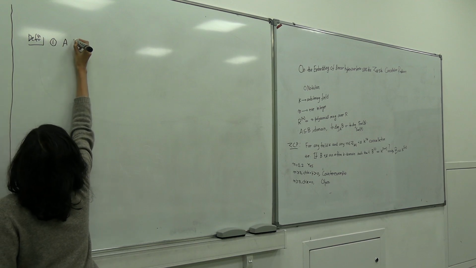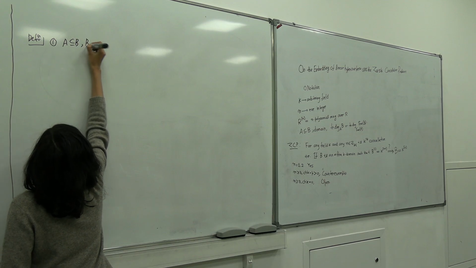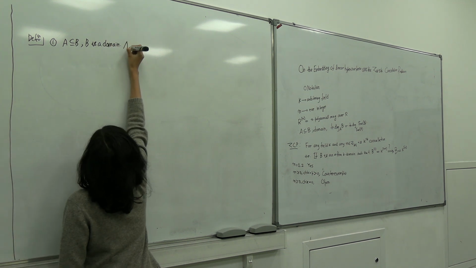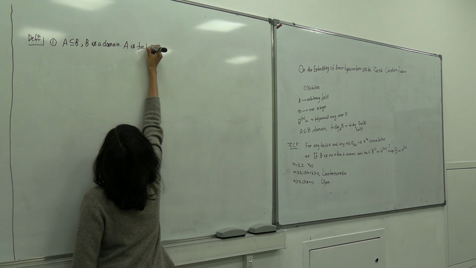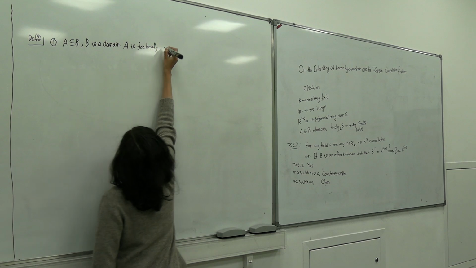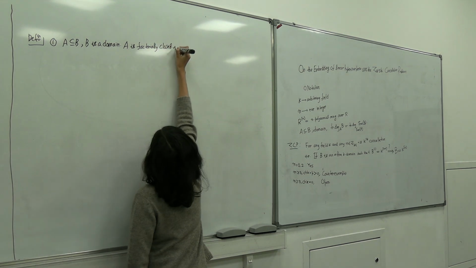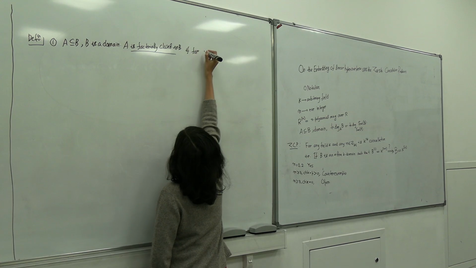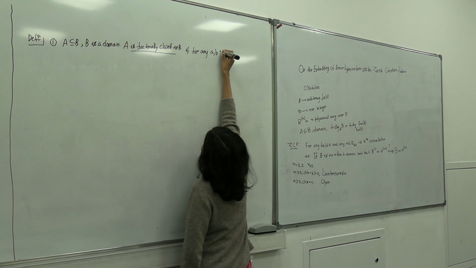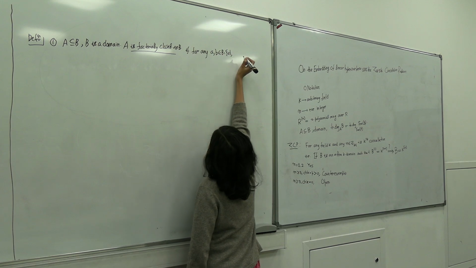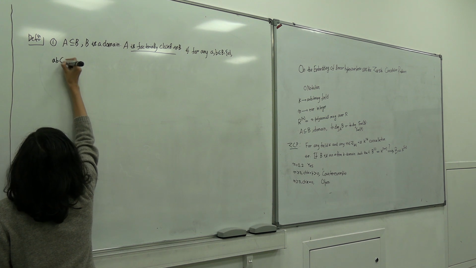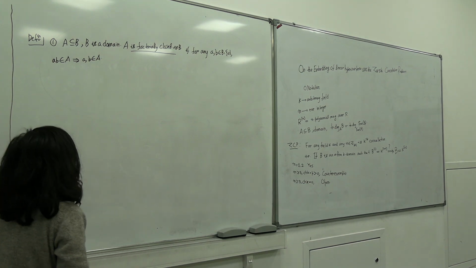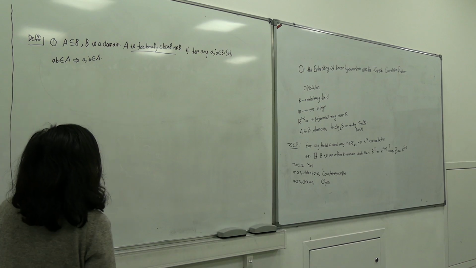Let A be a subring of a domain B. Then we say that A is factorially closed in B if for any a, b in B, both non-zero, ab belonging to A implies both a and b are in A. Not just any one of them, it is stronger than that. If ab belongs to A, then a and b both belong to A, but a and b have to be non-zero.